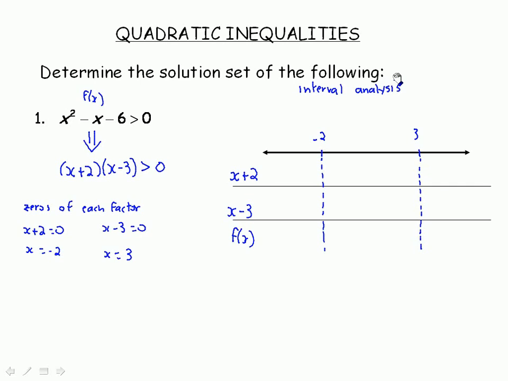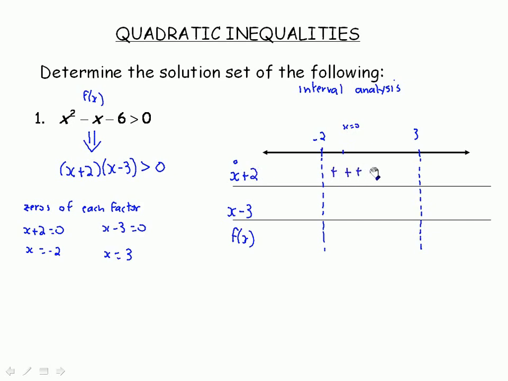Then I take each factor, like that x plus 2, and knowing that the sign changes at negative 2, I indicate where it's positive and where it's negative. For example, if you plugged in x equals 0 into that factor, 0 plus 2 is positive.